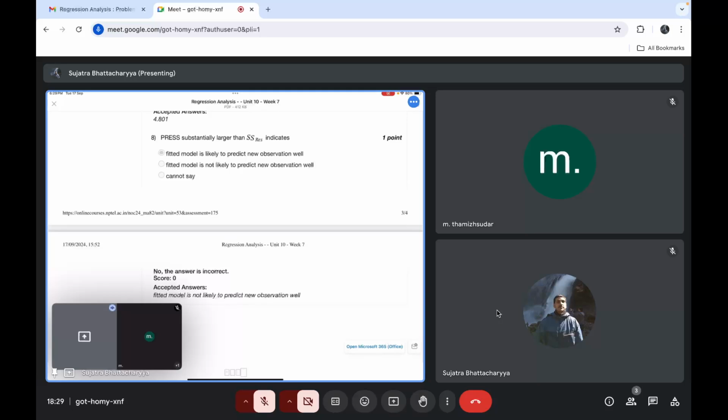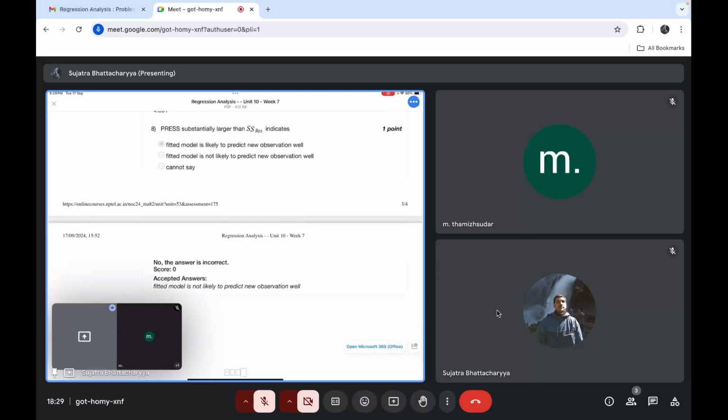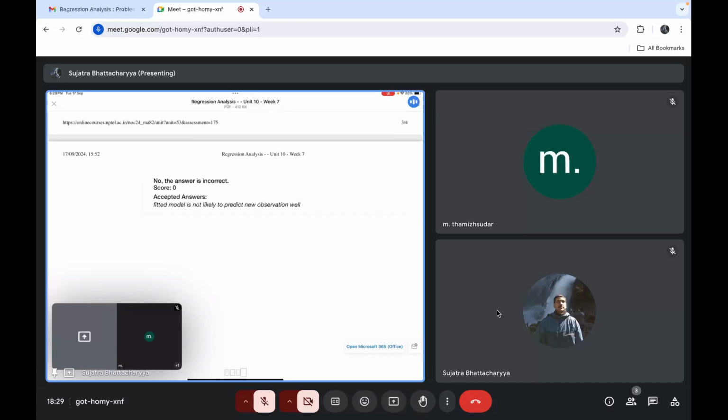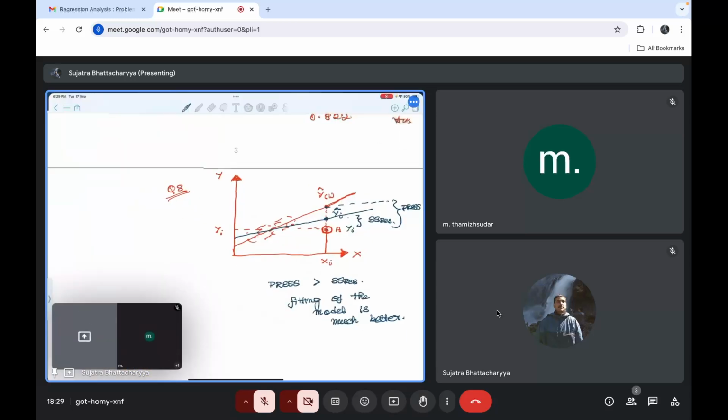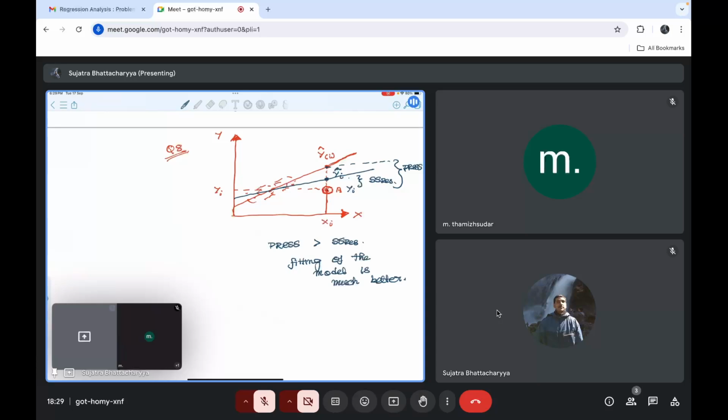If it is very near to the SS residual, then it is not very well. Oh, I'm sorry. The fitted model is not likely to predict well. I'm sorry, because the fitted model means this one. They are talking about this, right? Because you have to include this point also. Because entire data, you cannot neglect any particular data.